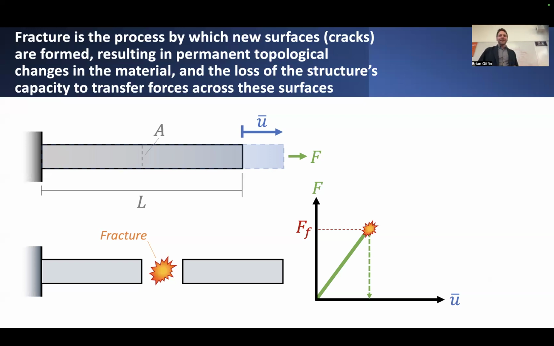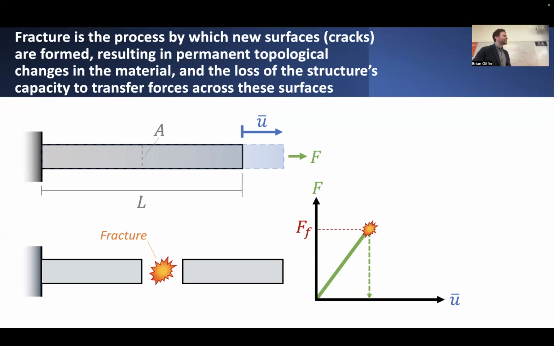On this force versus deflection diagram, at the point of fracture, given that we're using a displacement controlled test, rather than unloading the material elastically back down this initial slope, the displacement is fixed at this value of U bar at the point of failure. The displacement will be the same right at the point of fracture, but the applied load carried in the specimen will drop down to zero.